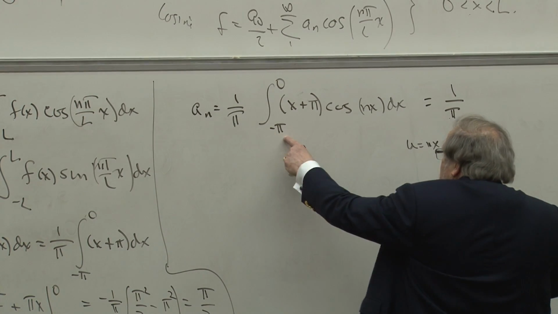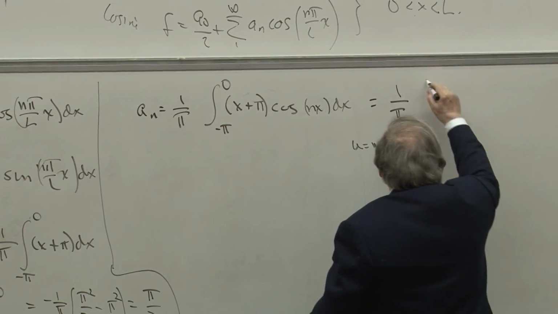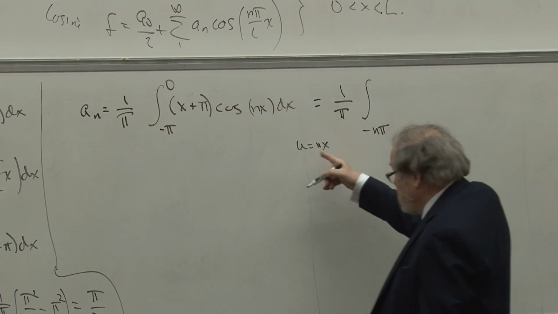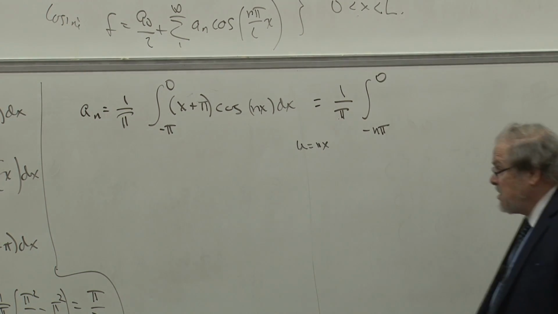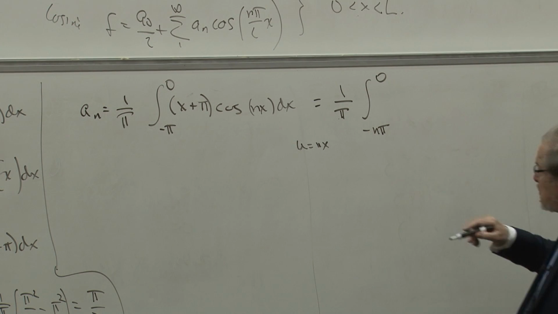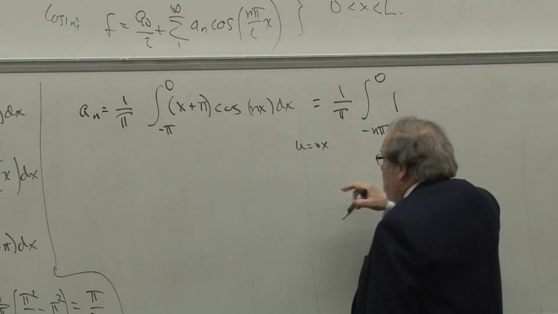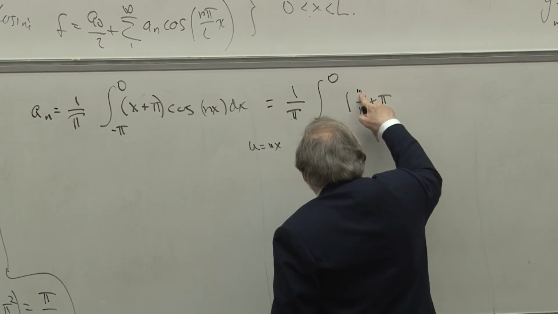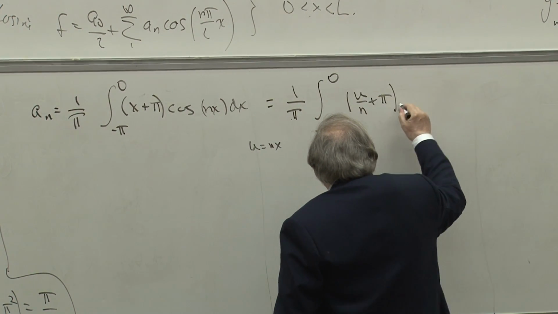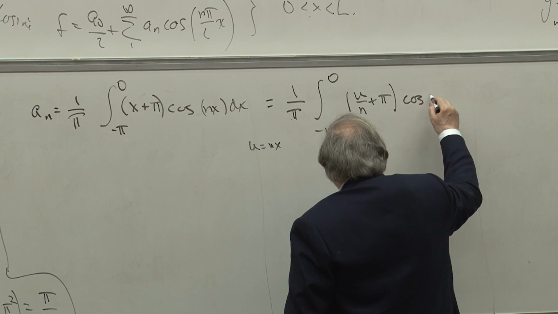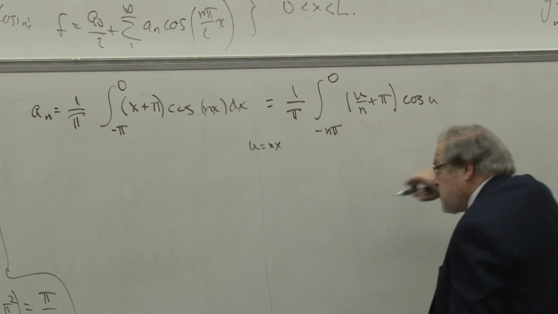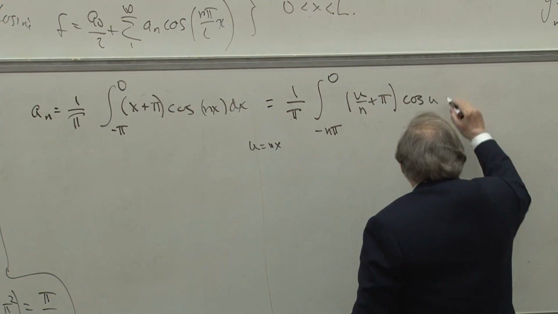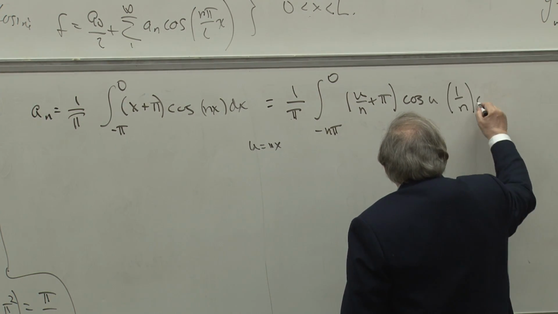When x is negative pi, u is negative n pi. When x is 0, u is 0. X is u over n. Pi is pi. Cosine of u, and dx, since x is u over n, dx is 1 over n du.